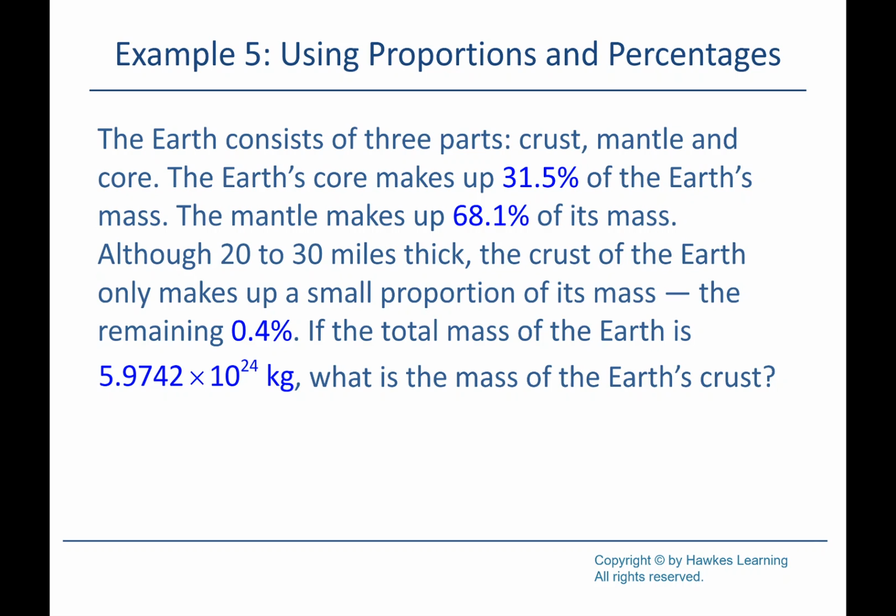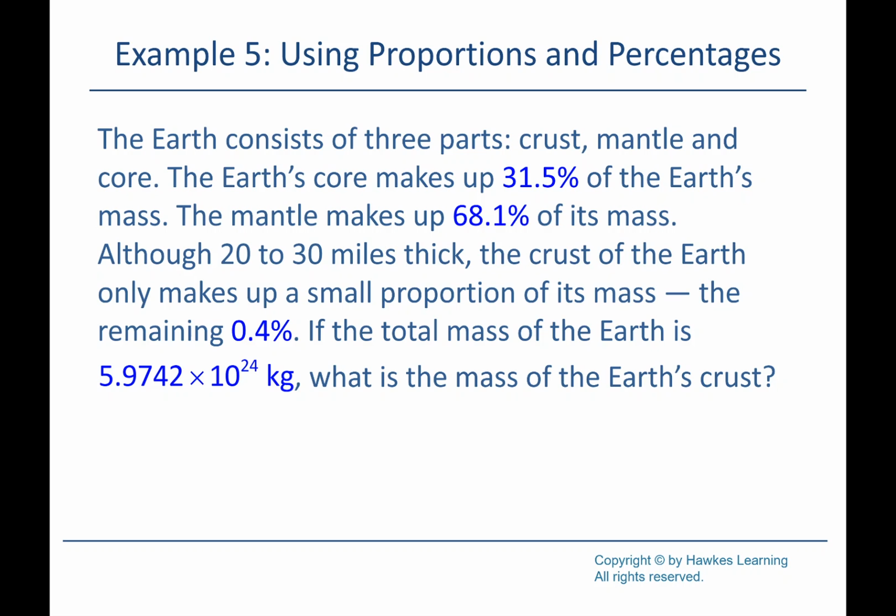Core is 31.5% of the mass. The mantle is 68.1% of the mass. But then it tells us even though the crust is 20 to 30 miles thick, it only makes up about 0.4% of the mass. And it gives us an estimate for the total mass of the Earth and asks what's the mass of the Earth's crust.